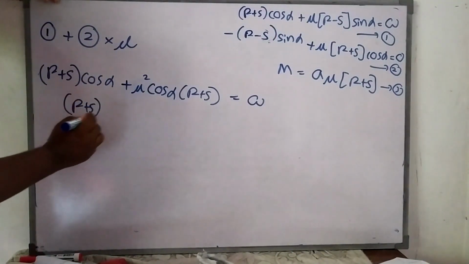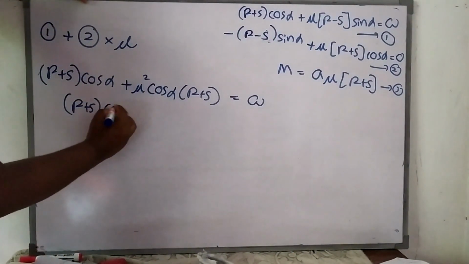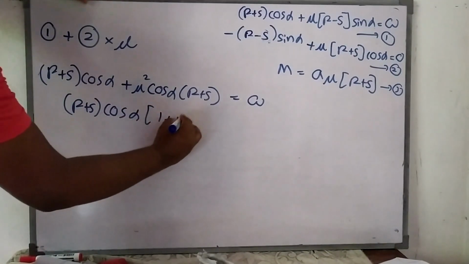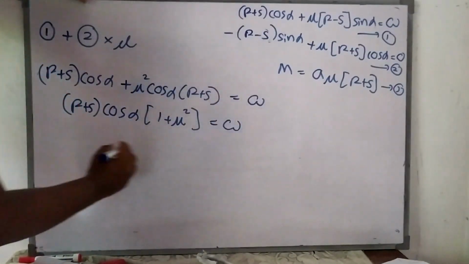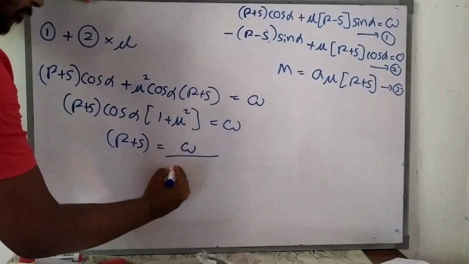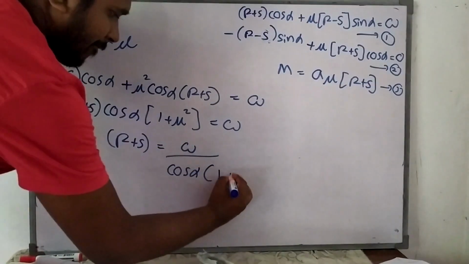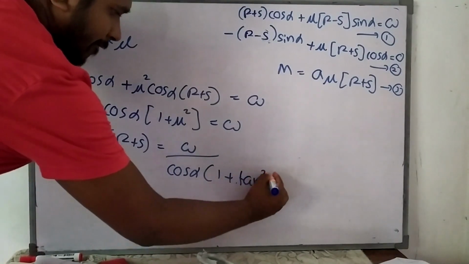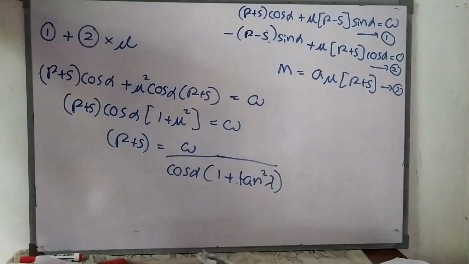So we can pull R plus S out now. R plus S cos alpha into 1 plus mu squared, it's W. And R plus S equals W over cos alpha into 1 plus mu squared. So what is mu? Mu is tan lambda, right?